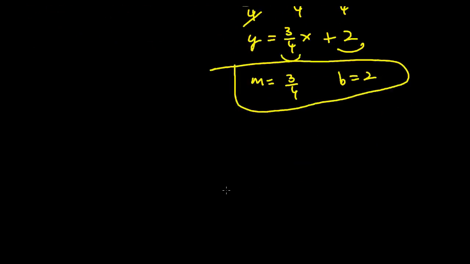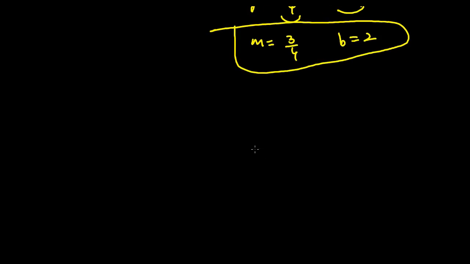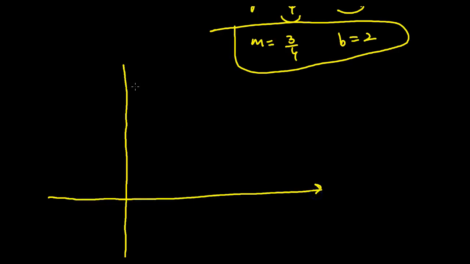What I'm going to do is start at the y-intercept of 2. All right, if my y-intercept is 2, that means I hit the y-axis at 0, 2.